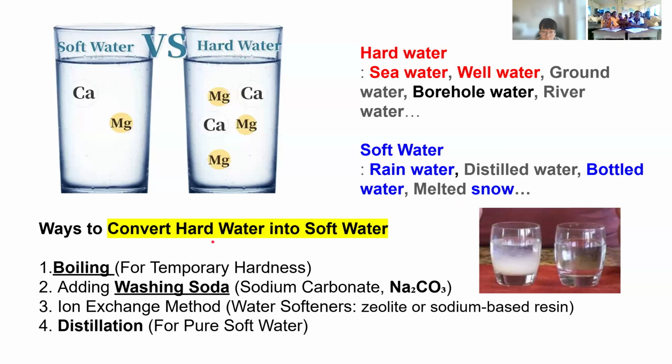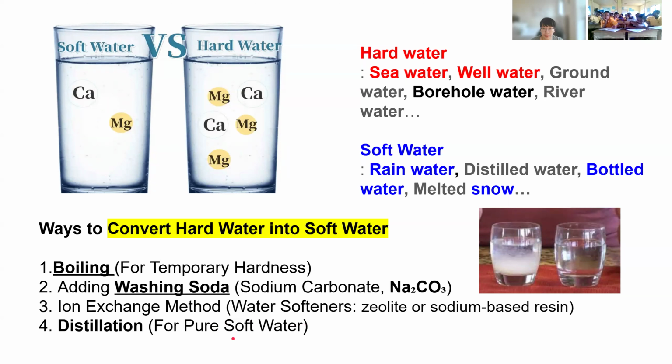And we can convert hard water into soft water by boiling. We talked about boiling, and adding washing soda can actually help. And ion exchange methods such as water softeners. There are many different types of water softeners that you can use. And you can also use distillation.